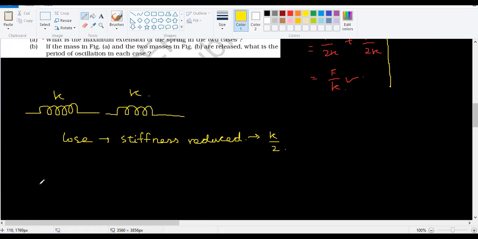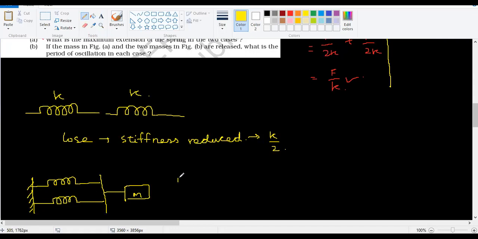But suppose you had one spring here and then another spring here connecting with the mass like this, then this is like a parallel connection. In this case, the stiffness will increase. Now, if you try to press this, it will become more difficult.